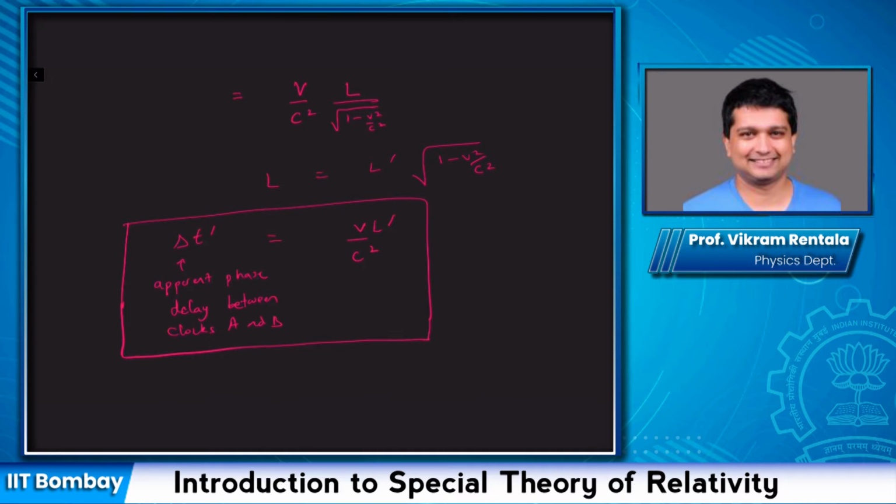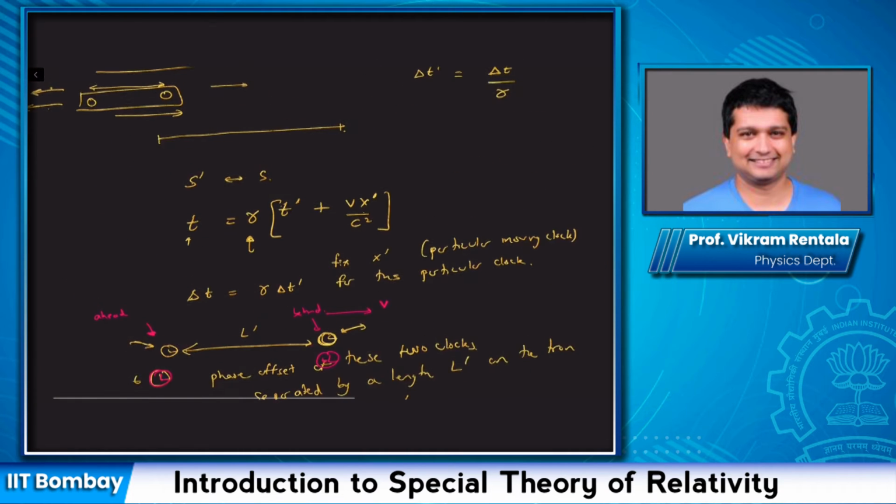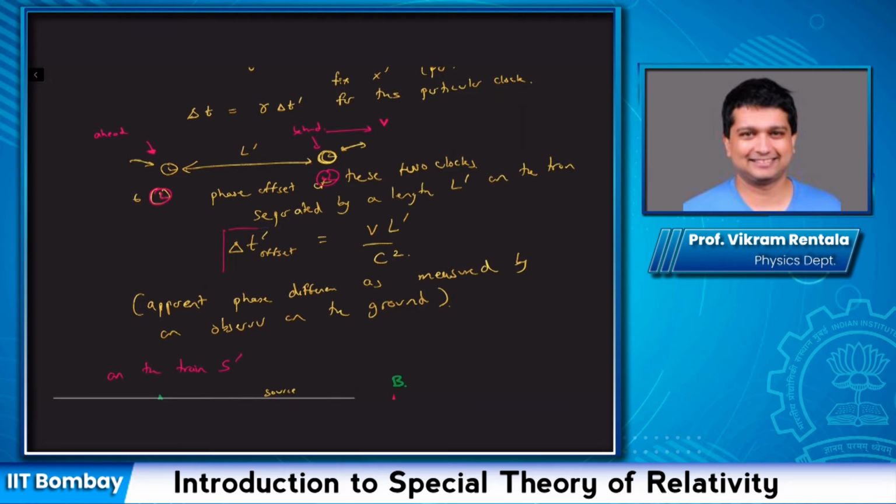And this expression is in exact agreement with what we expected from the Lorentz transformation of the offset between the clocks, or the phase delay, being v times L prime over c square.